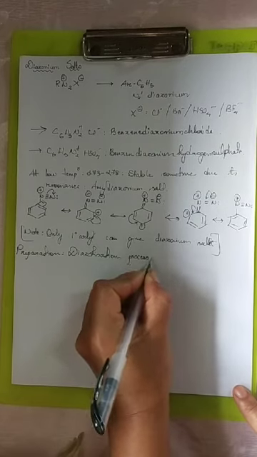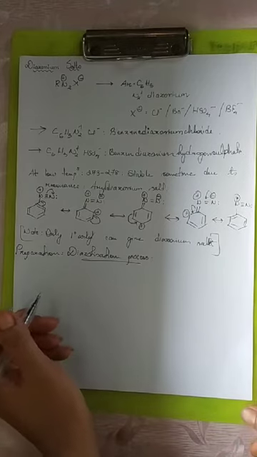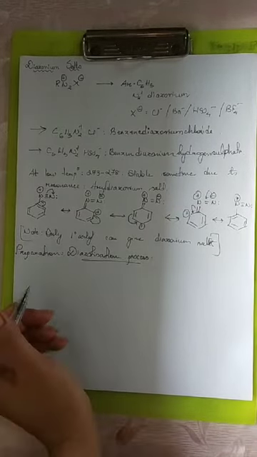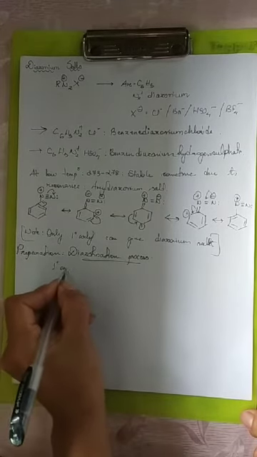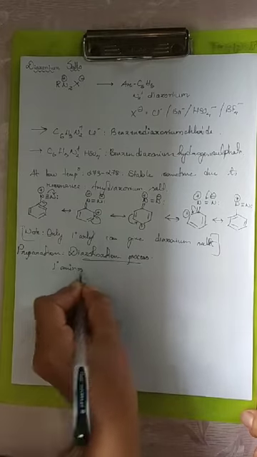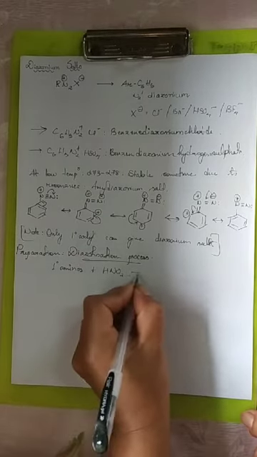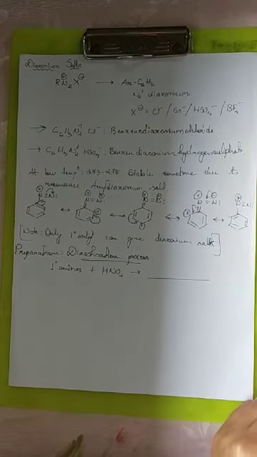In the diazotization process, benzene diazonium chloride is prepared. In this reaction, primary amines react with freshly prepared nitrous acid to give our product, the aryl diazonium salt.